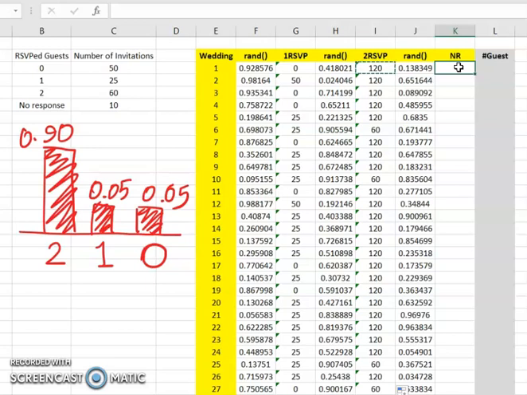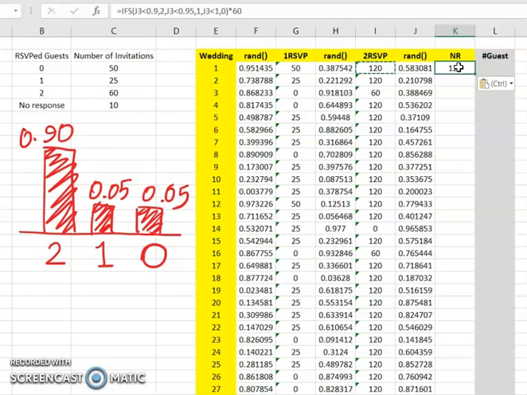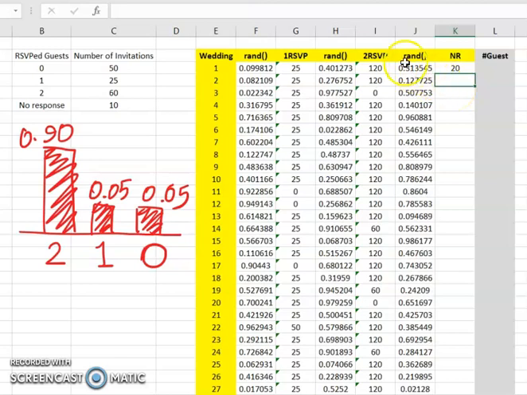And the last part, we go for the invitations that didn't send any reply. The first thing that we should do is that they are only 10, so we have one column for these people, and after checking the PowerPoint, you should come up with the correct numbers and calculations here.